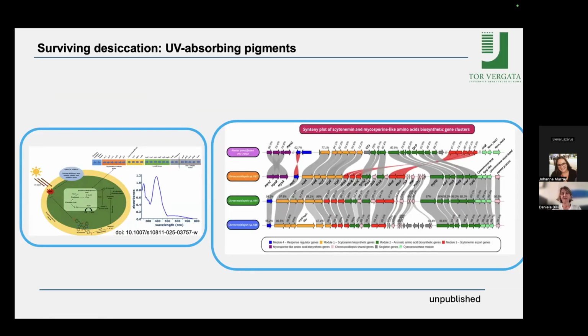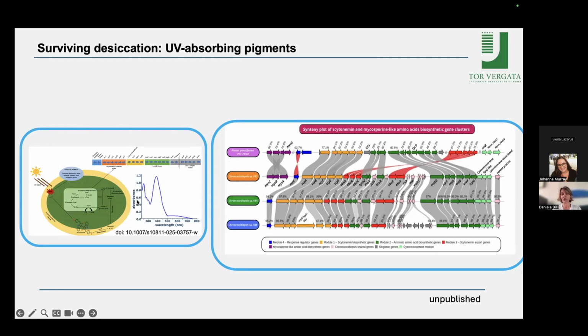So having the possibility to protect themselves against UV by producing UV-absorbing pigment is also very important. In general, cyanobacteria have two kinds of this pigment: the mycosporine-like, which are cytoplasmic UV-absorbing pigments, and scytonemin, which is accumulated in the envelope.